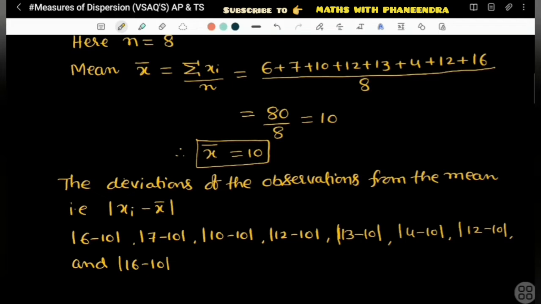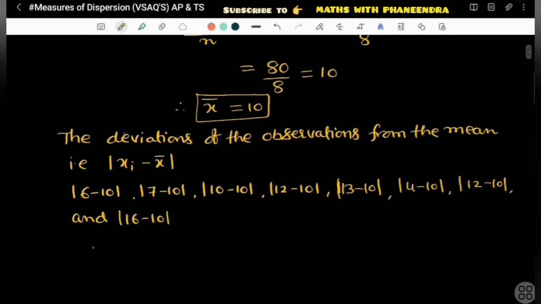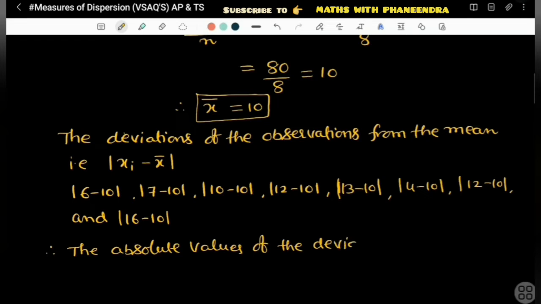Within the modulus it will be plus only, so these are the absolute values. Whatever we get with minus becomes plus when we take the modulus. So the absolute values of the deviations are: 6 minus 10 is minus 4, within modulus it becomes plus 4.